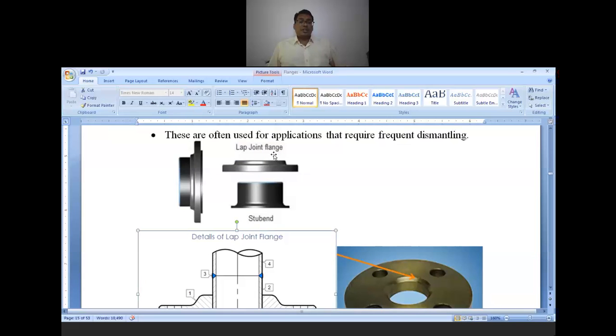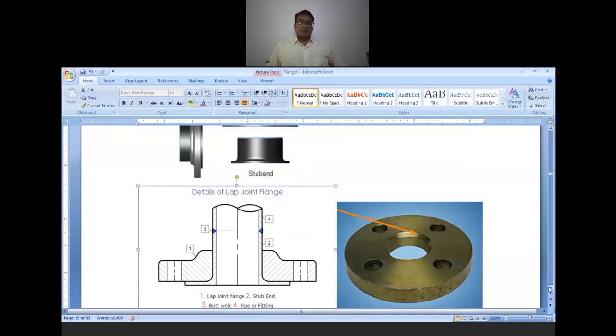In this lap joint flange, this part moves upward inside so that it looks like this, and its sectional cut is shown here. This is what a lap joint flange means. It is very easy to weld the pipe with the hub.